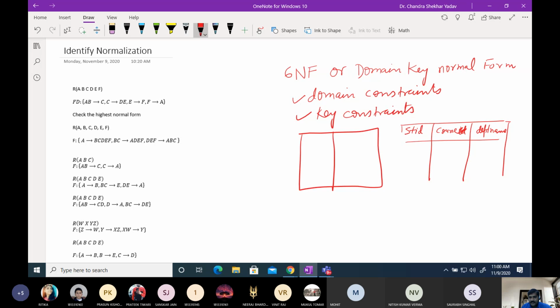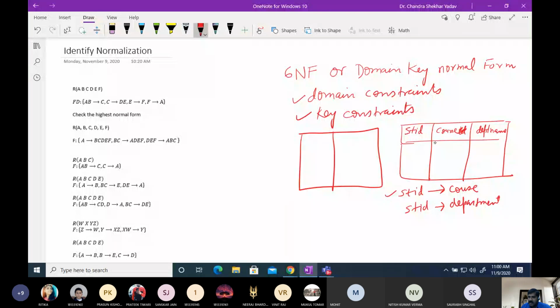But here there exists a primary key student ID which determines course, and again student ID determines department. In this table there are 3 columns, but this is implied by the super key student ID. So this table is in fourth normal form, with no multi-valued dependencies.